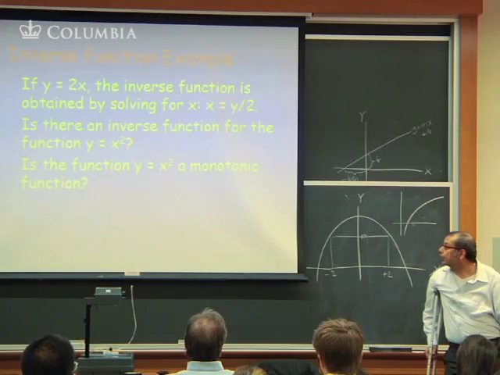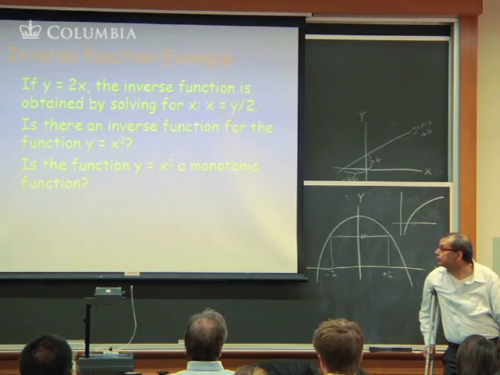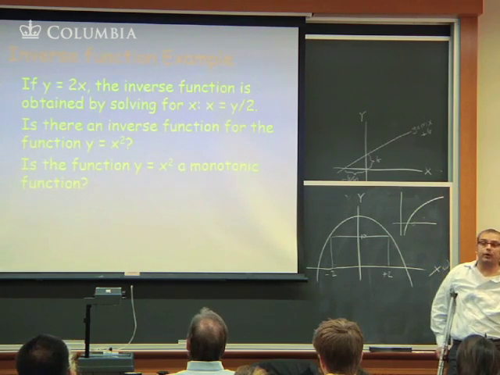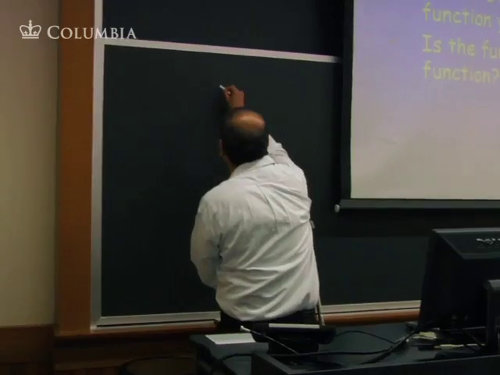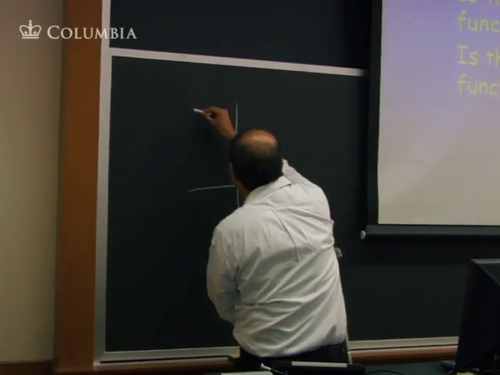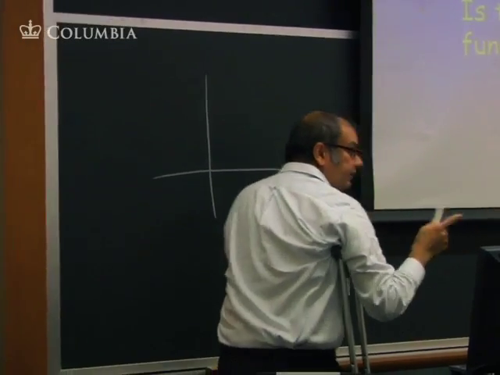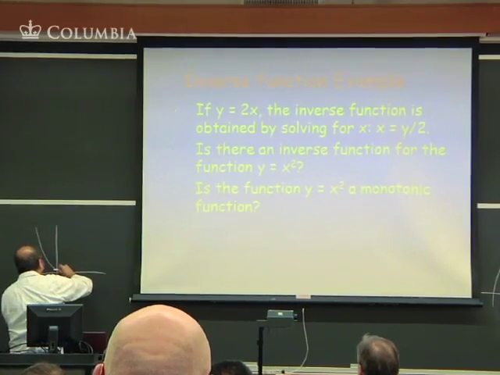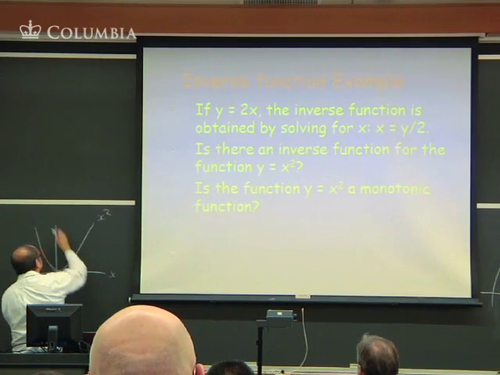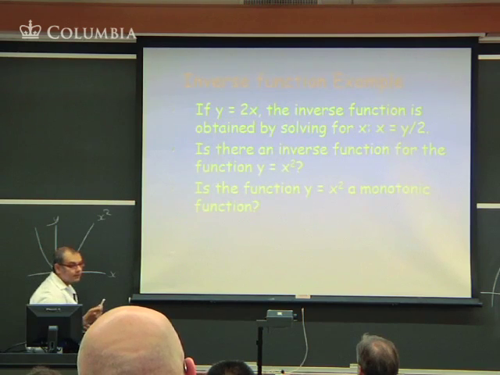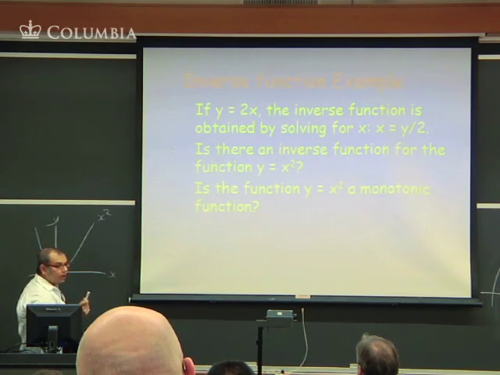Okay. Now, is there an inverse function for the function y equals x squared? I'm sure you remember this dilemma. So, anybody remember the graph of x squared, right? This is x squared. Okay. So, what's the inverse of this function?